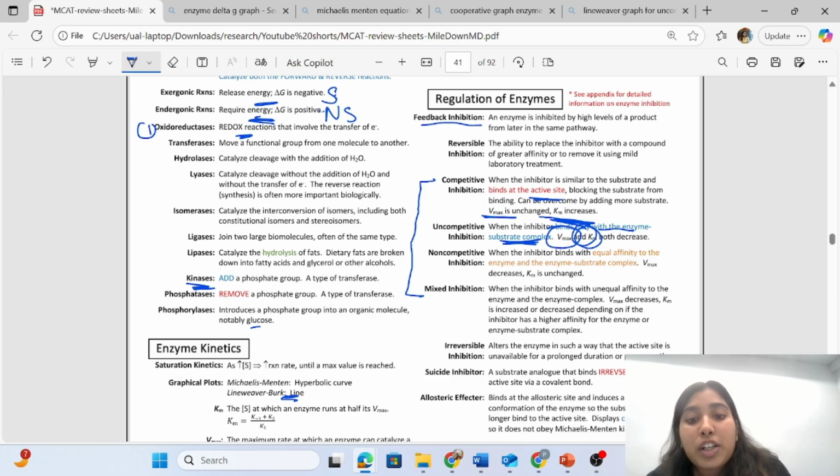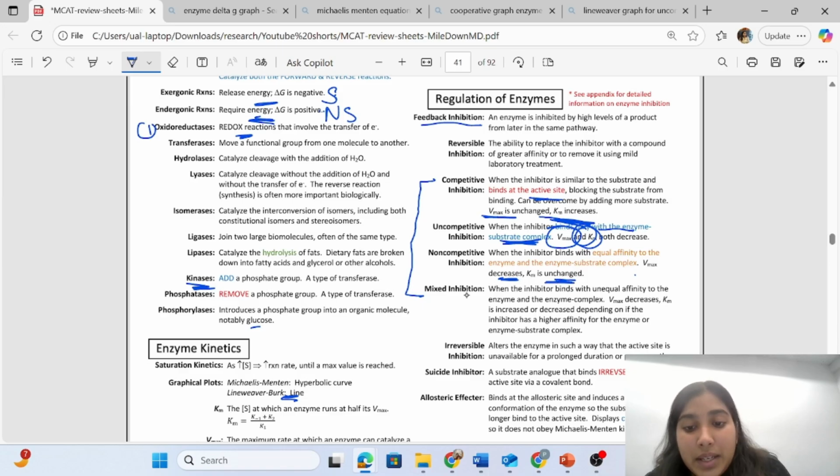Then we come to the non-competitive inhibitor. Non-competitive inhibitor is when the inhibitor will fight the substrate and the enzyme-substrate complex with equal affinity. So the Vmax will decrease, but the Km is unchanged.